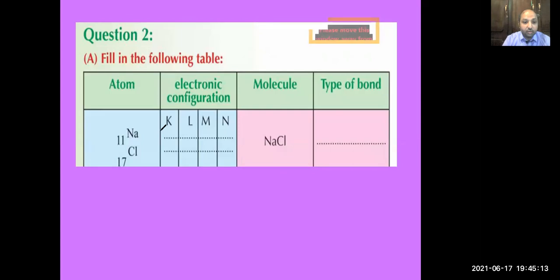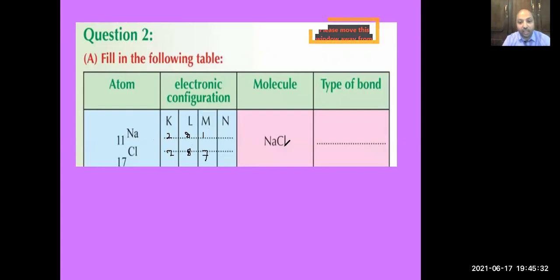Let's see question number 2. Here, the electron configuration of sodium is 2, 8, 1. Chlorine, Cl, 17, is 2, 8, 7.